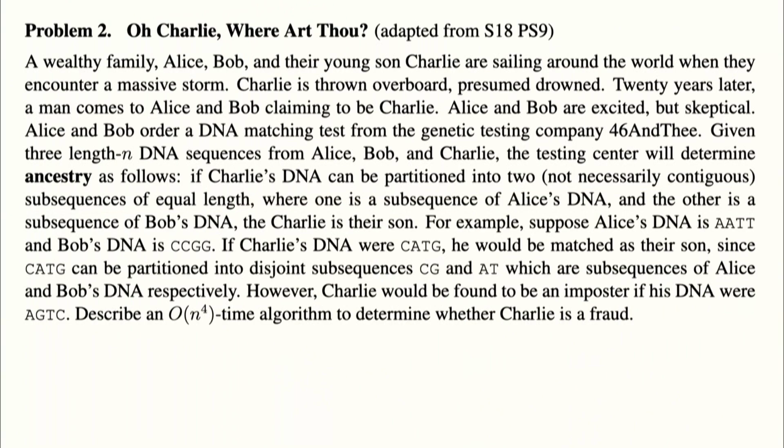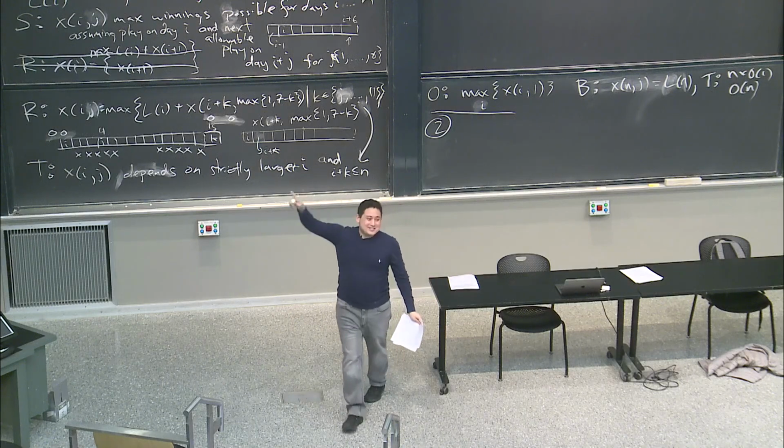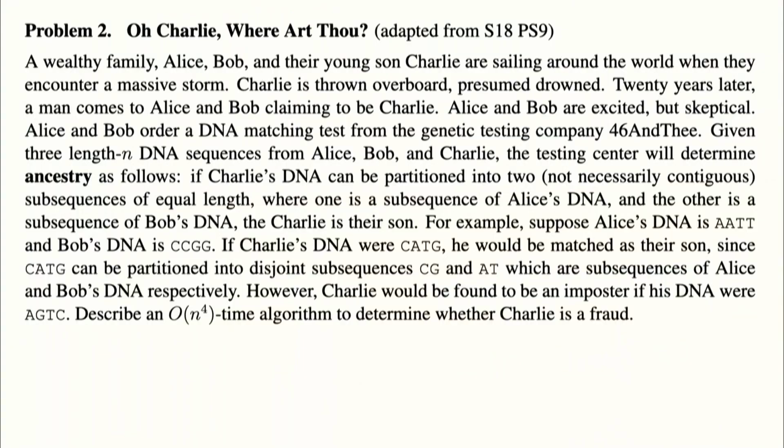So it's easy to see that he's an imposter with these strings, but you can imagine with longer strings this could be difficult to solve. So we want an n to the 4th time algorithm to determine whether Charlie is a fraud. I actually shortened this last night. This was twice as long on the problem set.